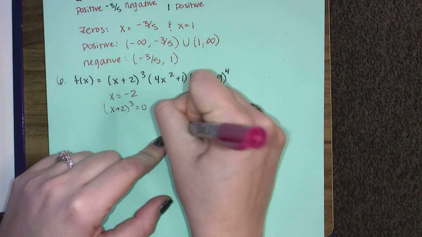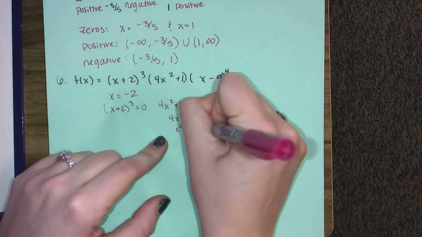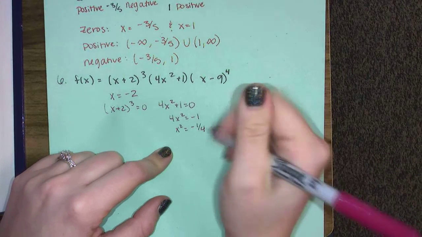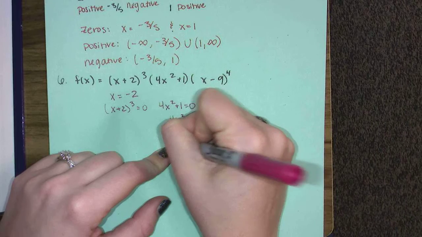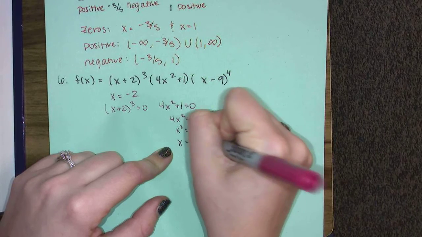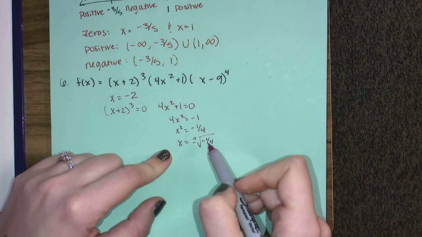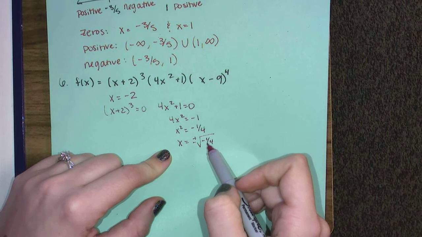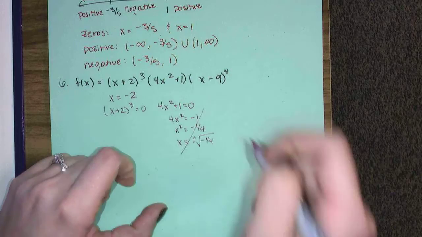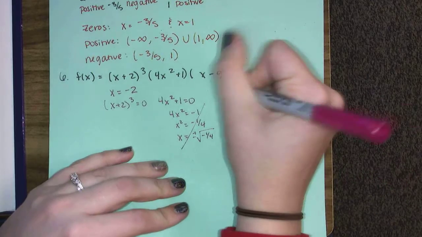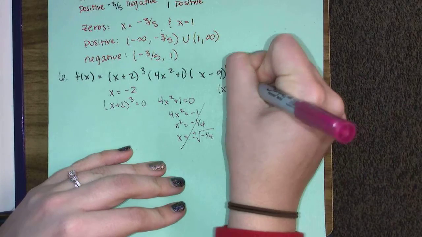X squared is equal to negative 1/4. What's true of this, though? It's imaginary. Don't need it. Then x minus 9 to the 4th is equal to 0.